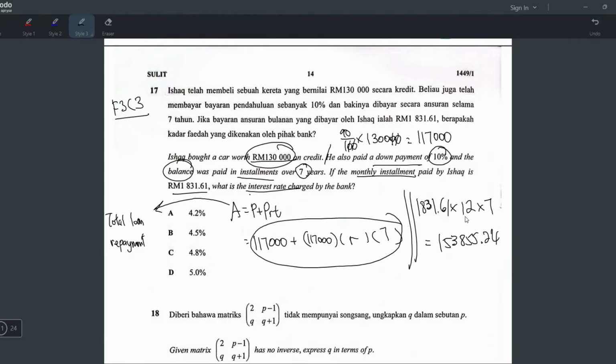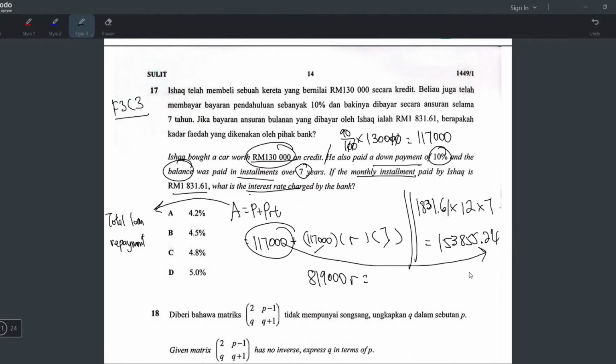Okay. So how do you find R? So yang ni dengan yang ni boleh darab dulu. So I'll just press 7 times 117,000. So it's 819,000 R. And then this 117,000 I pindah sana. And then ambil ni tolak lah. So 153,855.24 minus 117,000.